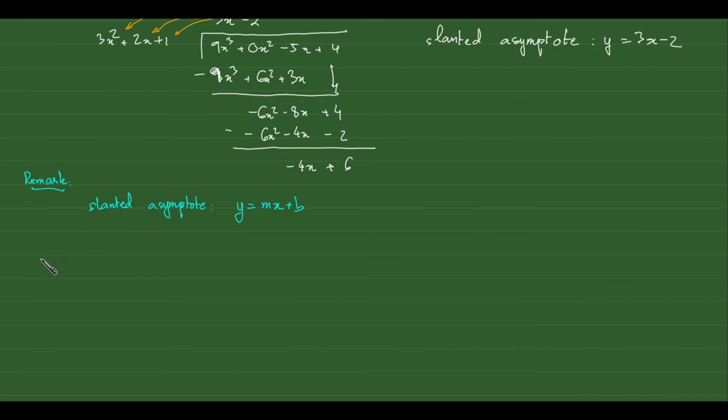In example number 3 here, I have a function like this: f of x equals x to the third plus x squared minus 4x minus 4, over x squared plus 3x.